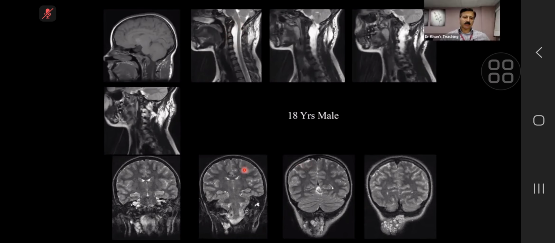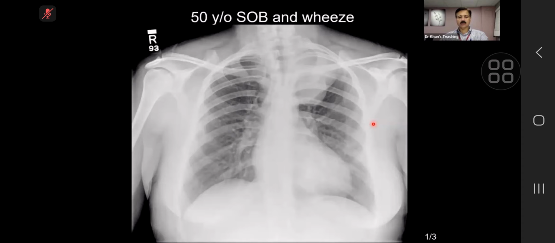And what is happening here? On the coronal, there's kind of expansion with hyperintensity, which is suspicious for a plexiform neurofibroma. Excellent. So now this is a unifying diagnosis where you pick this up, and you have got your diagnosis. Last case of the day.